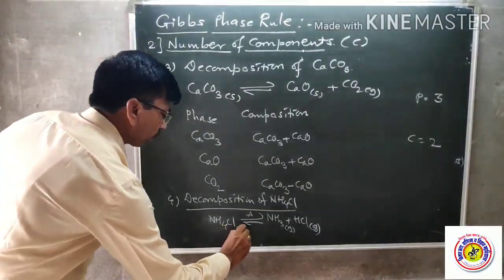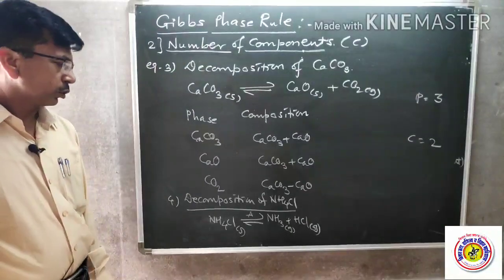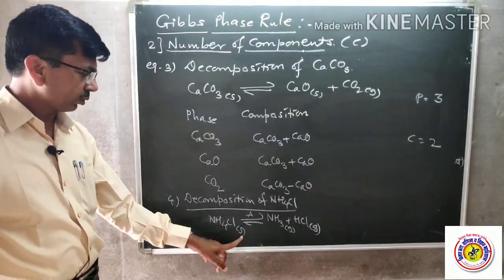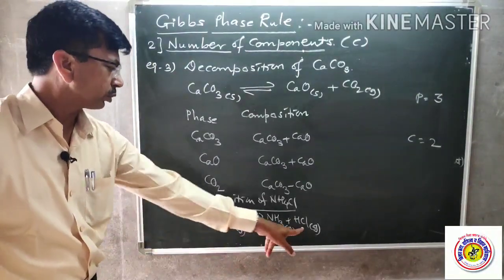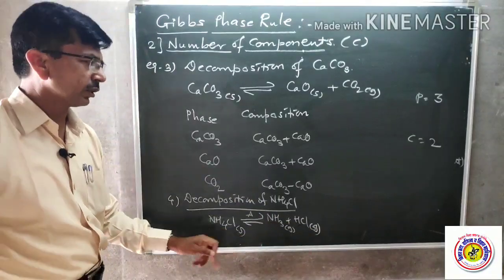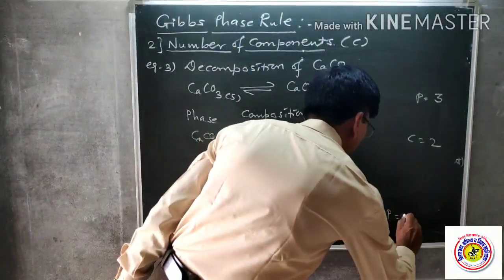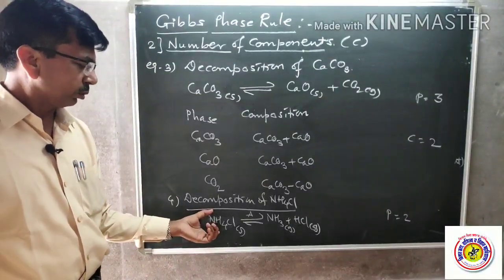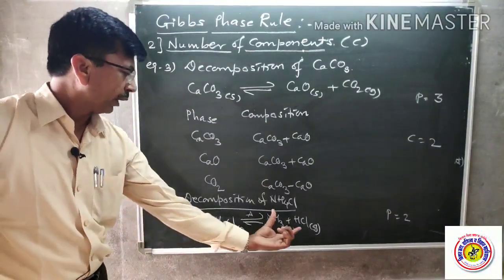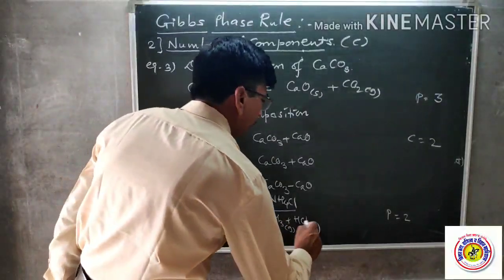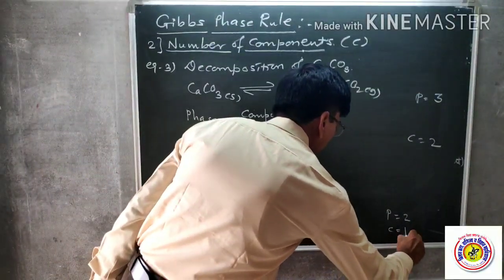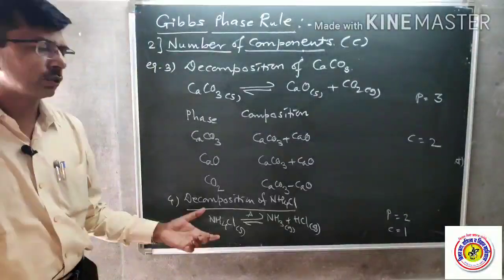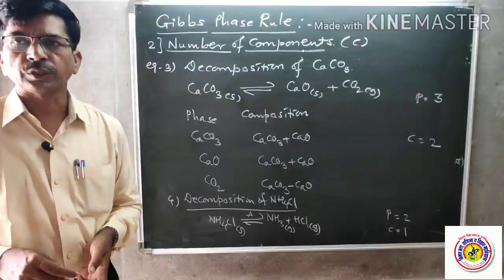Ammonium chloride is in solid state. If you see the number of phases, the gas mixture is homogeneous, so gas is one phase and solid is another phase, so it has two phases. While for the components, to define the solid we need NH4Cl, and to define the gas also we need NH4Cl, so it has only one component. So this is a one component system with two phases.